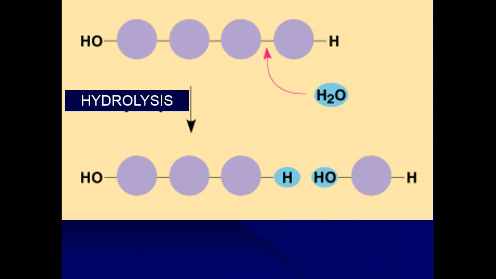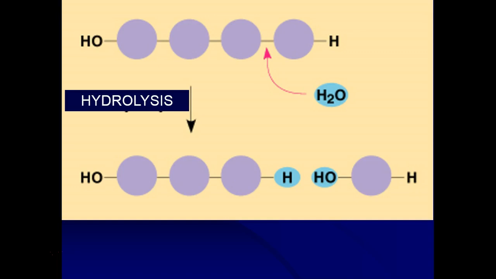Hydrolysis comes from hydro, meaning water, and lysis, meaning to break or to burst. So literally, to break with water. In order to replace the hydroxyl group on the monomer that was lost when it became a polymer, we have to use water. You can see that water is added, and it replaces those little side chains, the hydrogens and the hydroxyl groups, to separate the monomers.